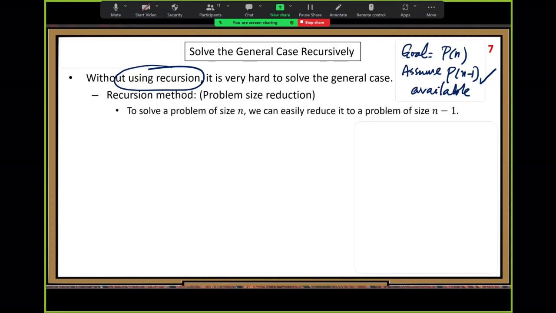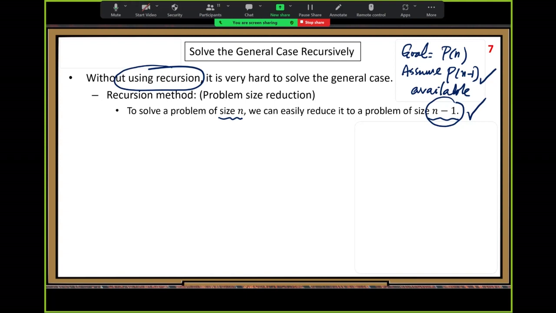And here you can see we use problem size reduction. We reduce the problem size from n to n minus 1. The n minus 1 case, we assume we have it. We can use that solution directly, or we can use that solution by recursion.